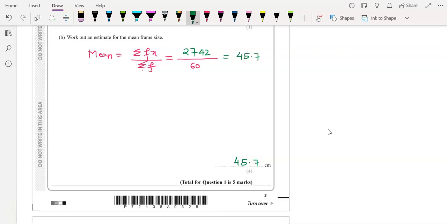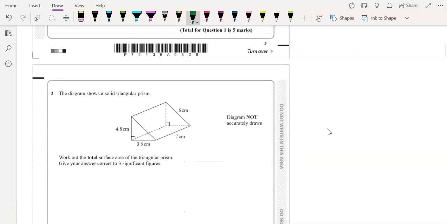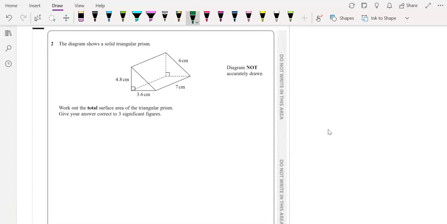Okay, moving to question number 2. The diagram shows a solid triangular prism. All the dimensions are given. Work out the total surface area of the triangular prism. Now to find the total surface area, basically we need to add up the areas of all 5 faces. Now the front and the back are both triangular faces, so let's add the areas of these two.